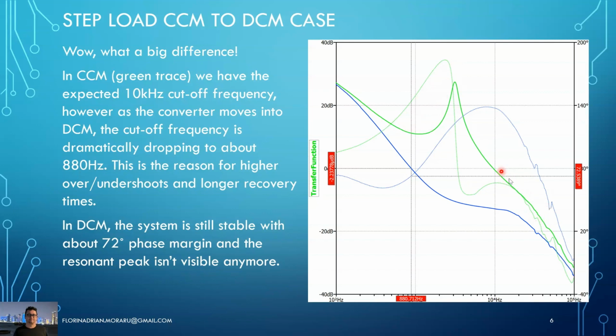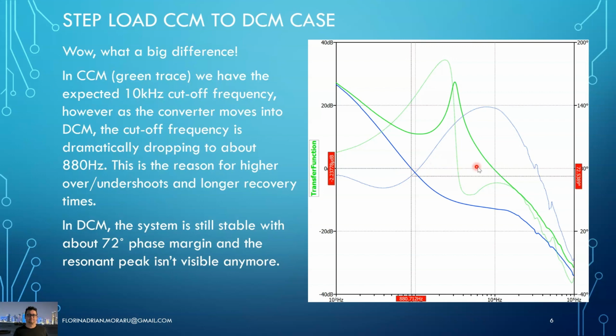So it is the open loop response we have in continuous conduction mode with about 10 kilohertz cutoff frequency and around 60 degrees phase margin. But then, as the converter is moving into discontinuous conduction mode, we notice that the cutoff frequency has dropped to about 880 hertz.